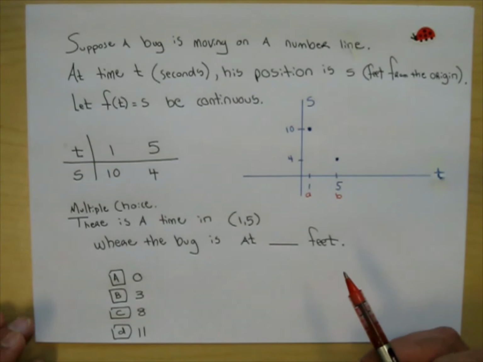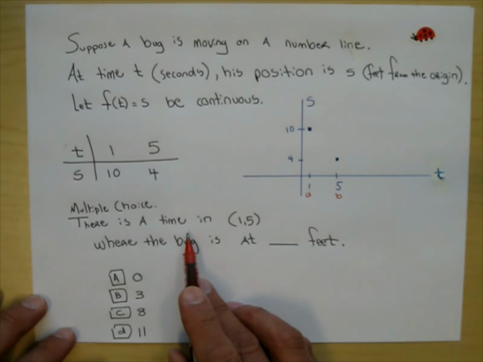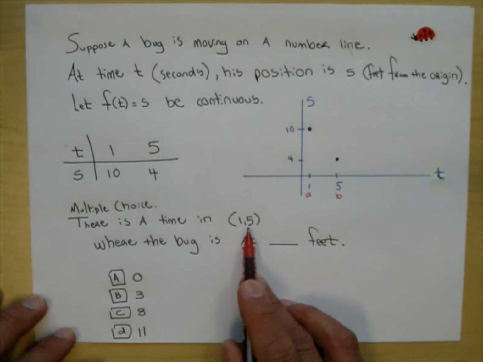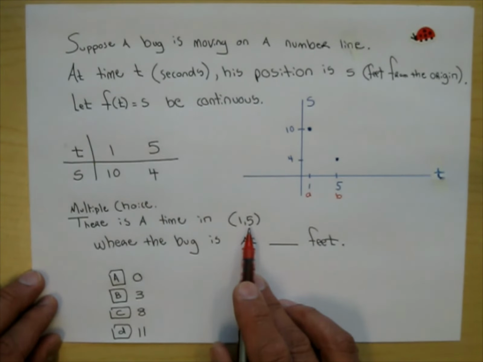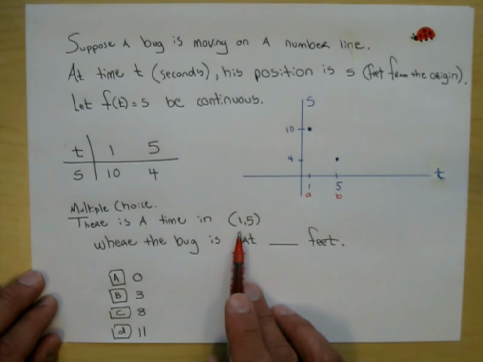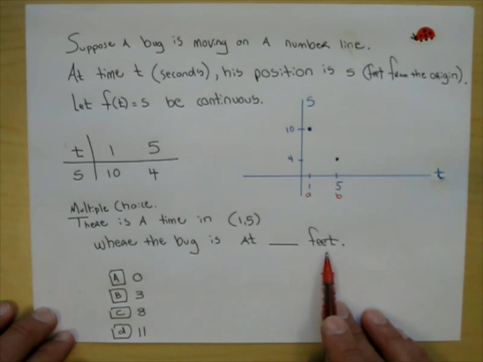There exists a number c in a, b. So it says there is a time in 1 to 5. So that's the then part of the intermediate value theorem. There is a number, a time. They didn't tell you what that time was, where the bug is at blank feet.